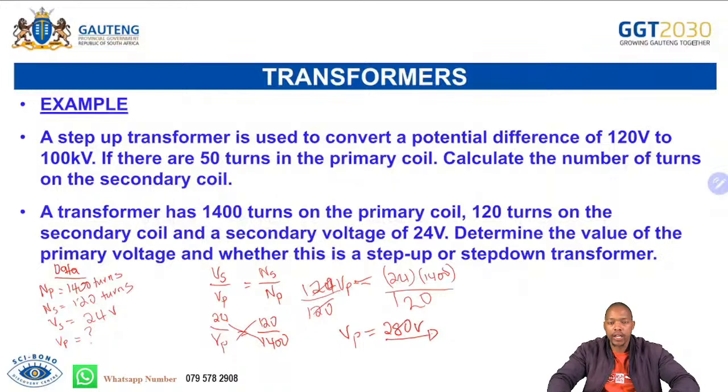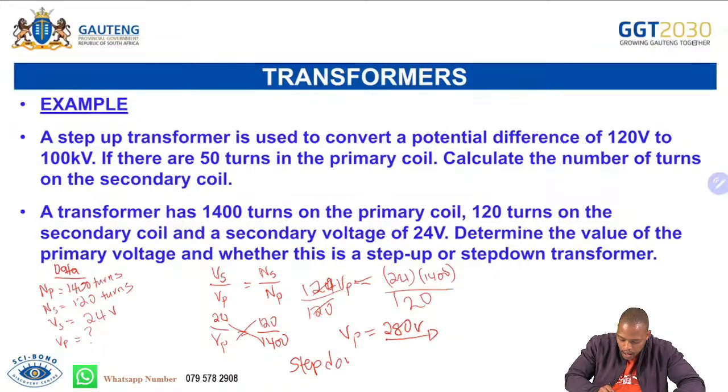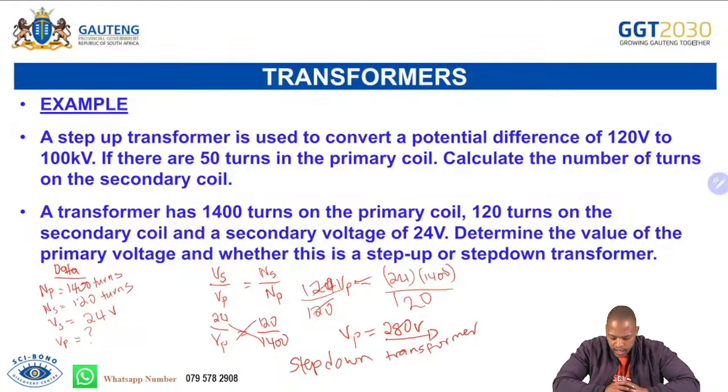And that 280 volts was the primary voltage, which was greater than the secondary voltage, telling me that here I am dealing with what? I'm dealing with a step down transformer.